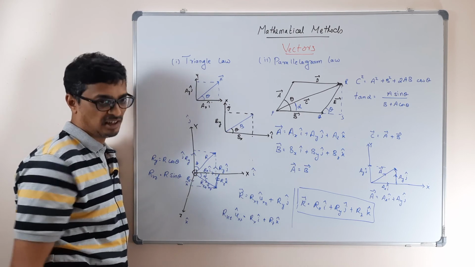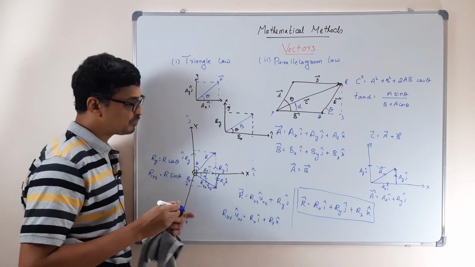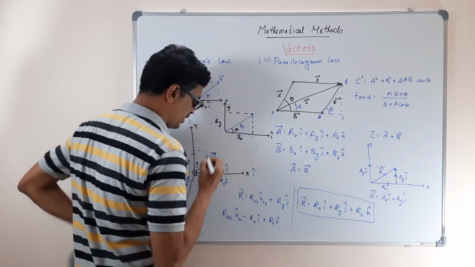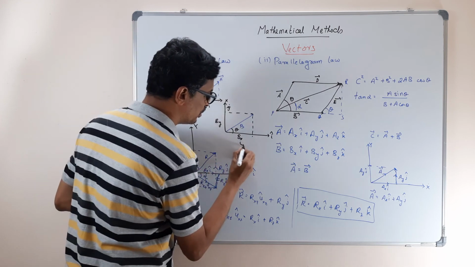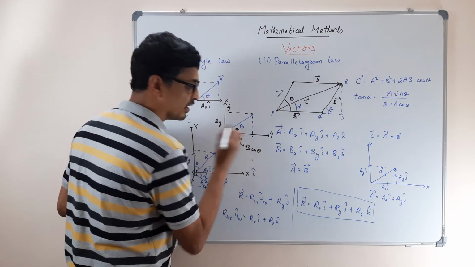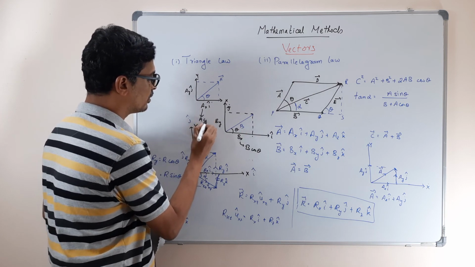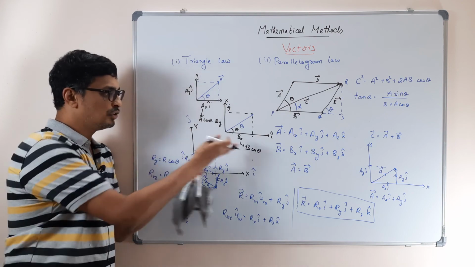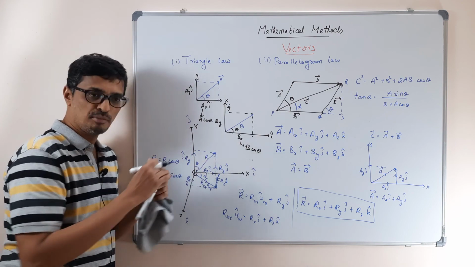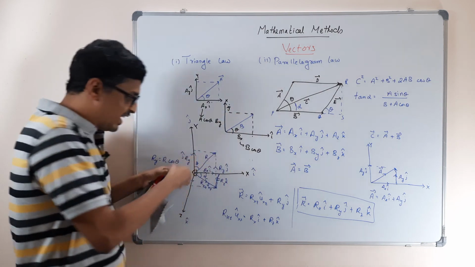Yes, correct. Bx will be equal to B cos theta, and Ax will be A cos theta. Theta is the same, A is equal to B, so of course they will both be the same. Similarly, you can do it for three dimensions also.